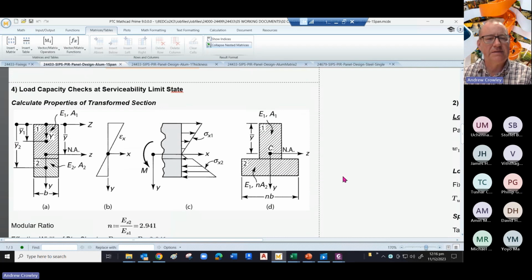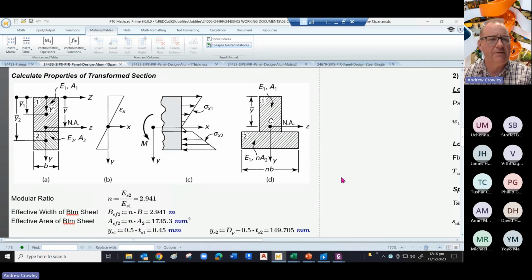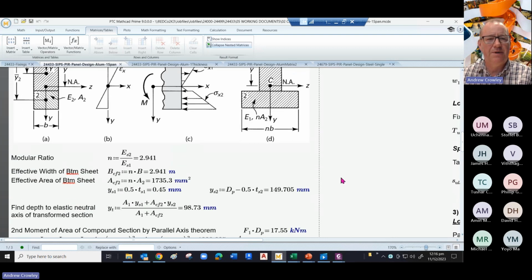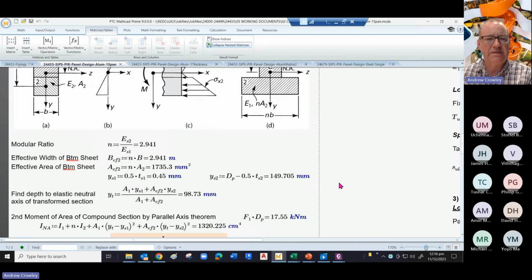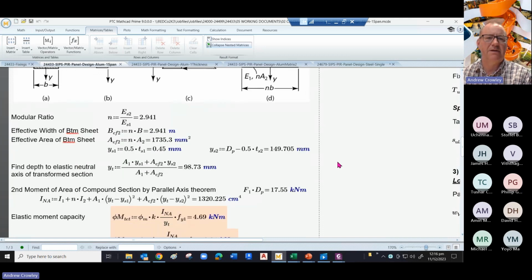But because it's asymmetric and it's composite, we need to use a transformed section. So here's a little diagram taken from a textbook that explains how a composite section works. So we pop in the modular ratio, which is simply the Young's modulus values for each of the two materials. So what I'm doing here is turning the steel into aluminium in effect.